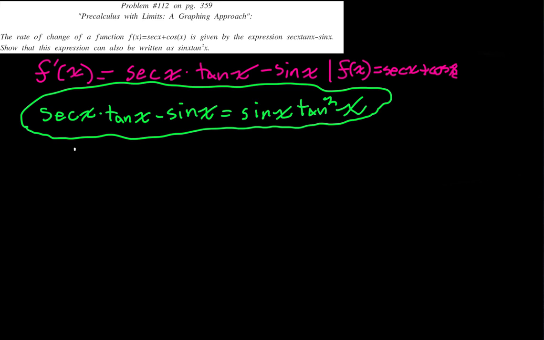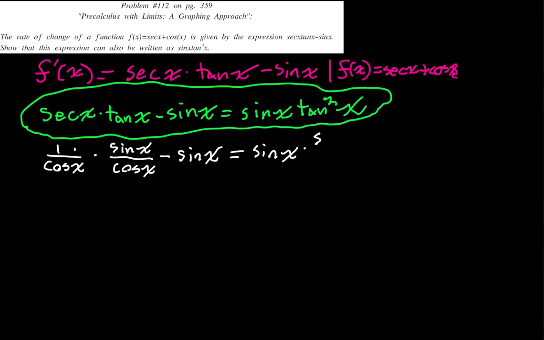So we have 1 over cosine of x times tangent of x, which is sine over cosine, so sine of x over cosine of x, minus the sine of x, is equal to the sine of x times the tangent squared of x. So that's going to be times sine squared of x over cosine squared of x.